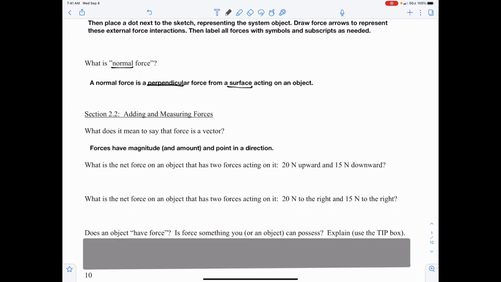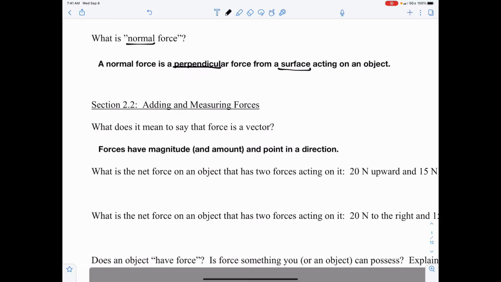To find net force, we essentially take the bigger force minus the smaller force. The bigger force is called the causing force because it causes acceleration. The smaller force is called the opposing force because it resists, or as the name suggests, opposes acceleration.